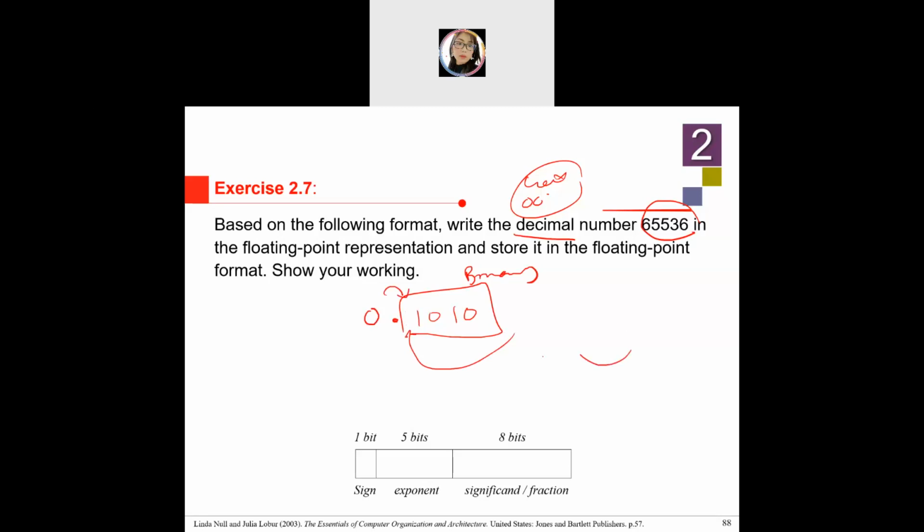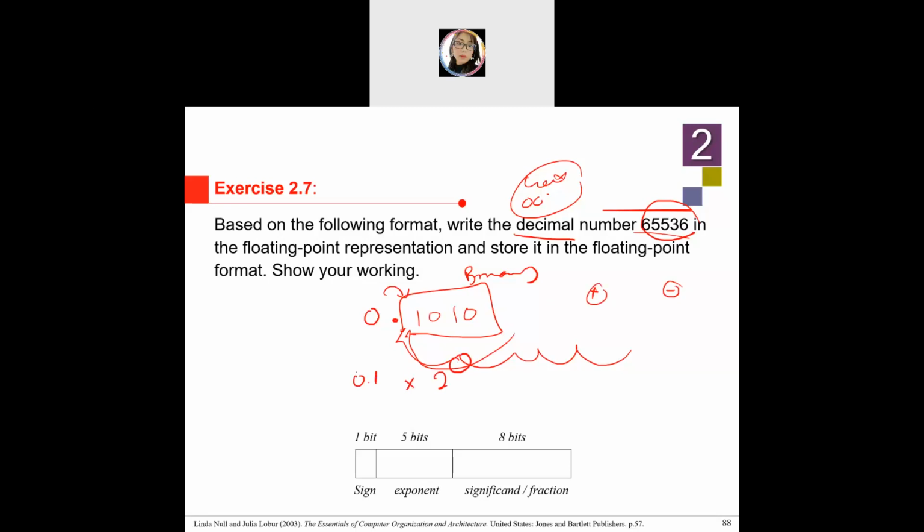Okay, you move a number of places, it depends on the value, but please make sure you know that if you move to the left, you add, and if you move to the right, you subtract, and then you have the value to the power of something, plus or minus.